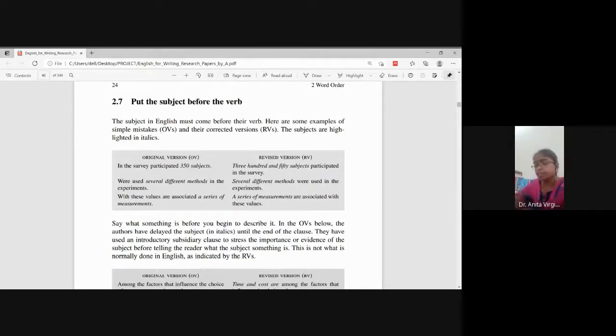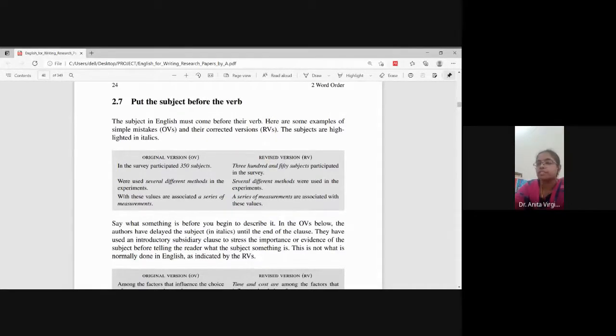You be very careful. Okay, just see how funny it is. Where used several different methods in the experiments. Each and every word is just standing out, isn't it? Nothing is related to the other. So what you have to do is you have to identify the subject. Of course, all the subjects are italicized. So you have to identify the subject and bring it before the verb.